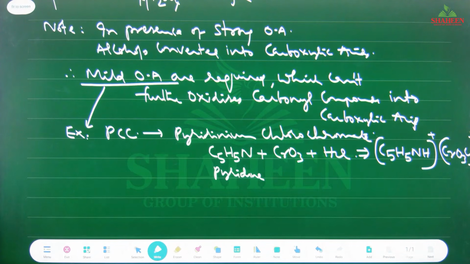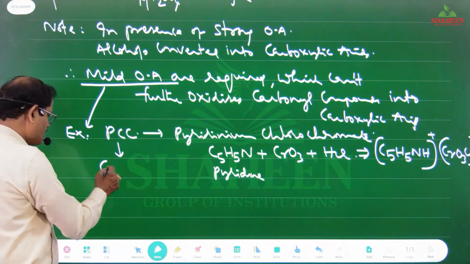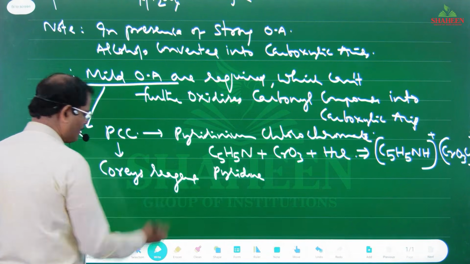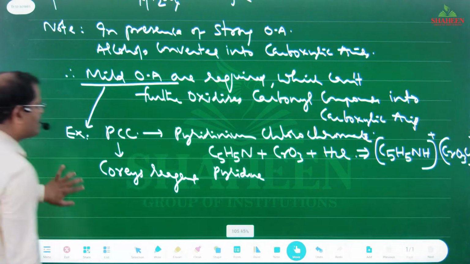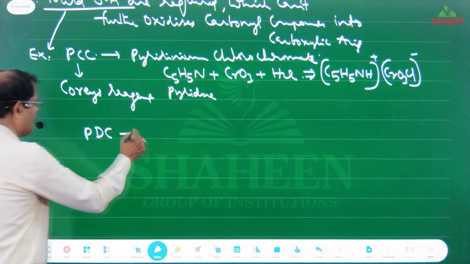And pyridinium chlorochromate is also called Corey's reagent. Another one is pyridinium dichromate, PDC.